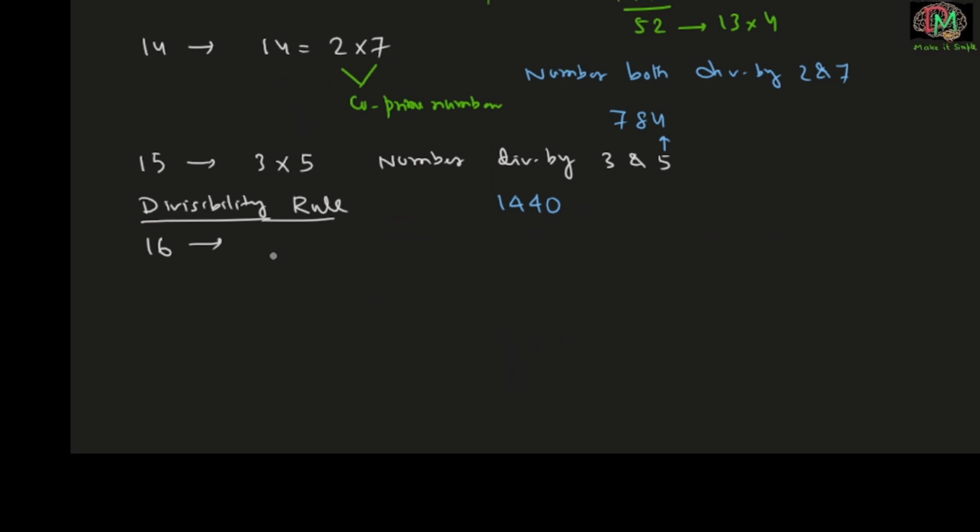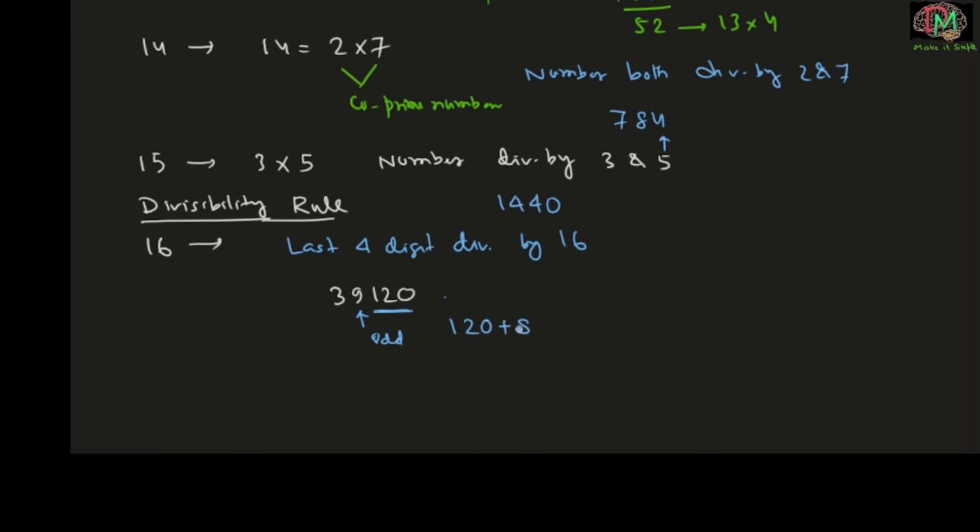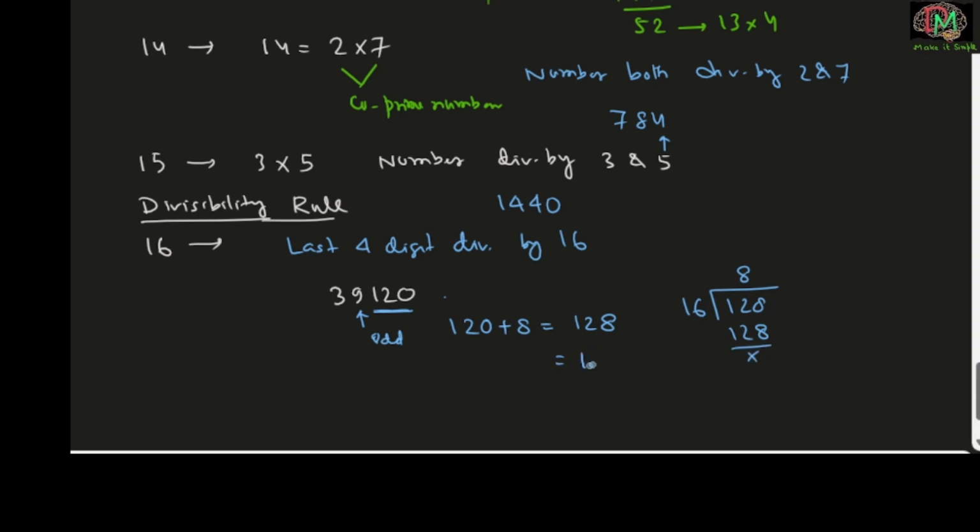For the divisibility rule of 16, we have to check whether the last 4 digits are divisible by 16 or not. Another method we learn with an example, 39120. We have to check the thousands digit. If it is odd, then we consider the last 3 digit number and add 8, and we get 128. Now we have to check whether it is divisible by 16 or not. It is divisible by 16.